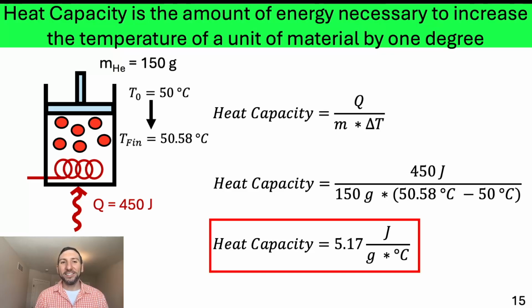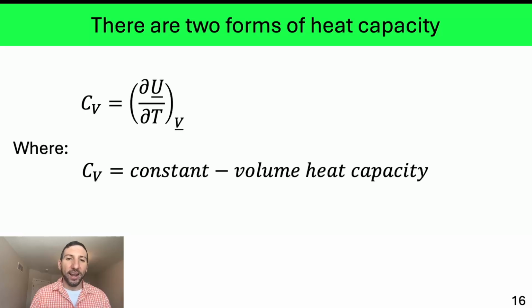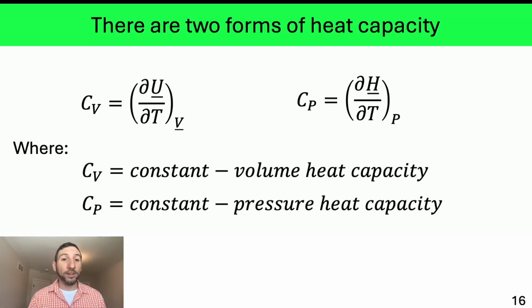Well, that's the whole thing with heat capacity, is that there's actually two forms of heat capacity. There's a constant volume heat capacity, so that's when we use the rigid container, and that one is speaking in terms of changes in internal energy with respect to temperature with a fixed volume, compared to a constant pressure heat capacity, which is going to speak in terms of the change in enthalpy with respect to temperature at a constant pressure.